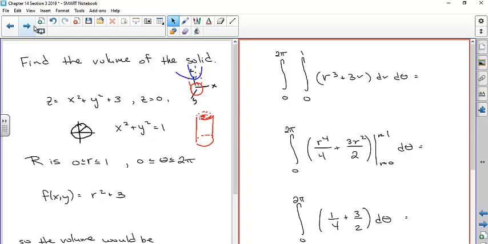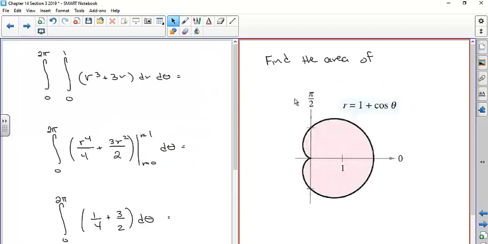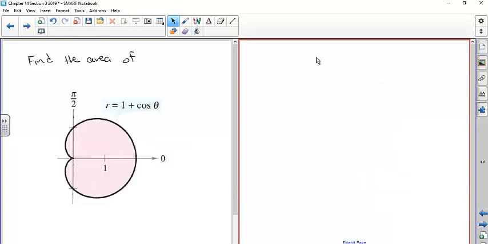And the last thing is to find the area of this lobed structure, which has the equation r equals 1 plus the cosine of theta. Let's look at what's going on there. We could plot it by making up a table.